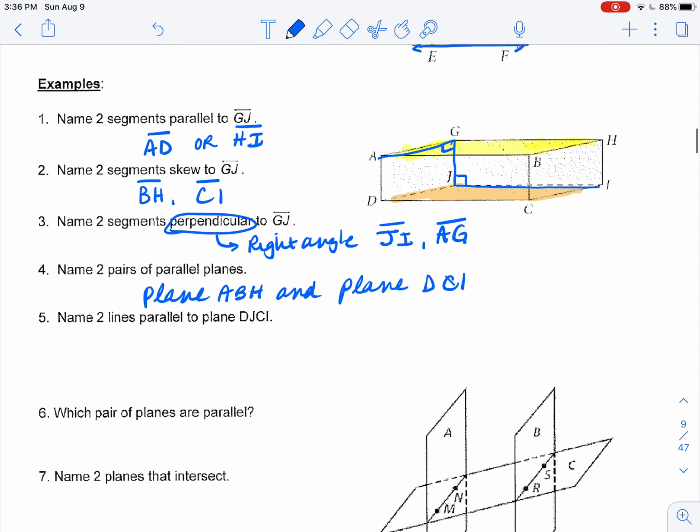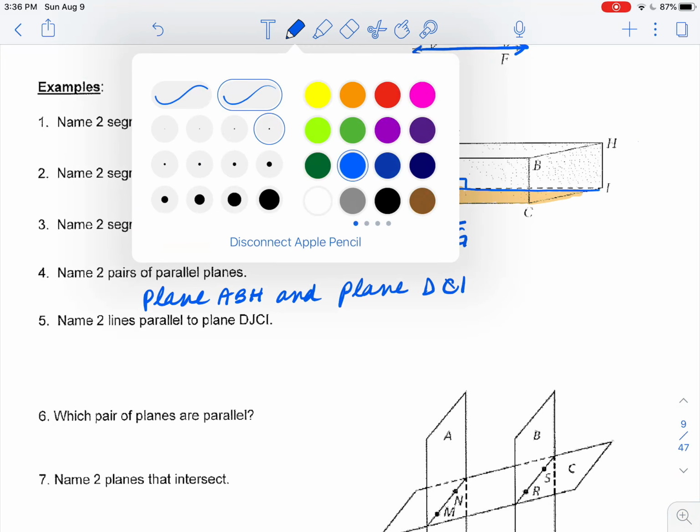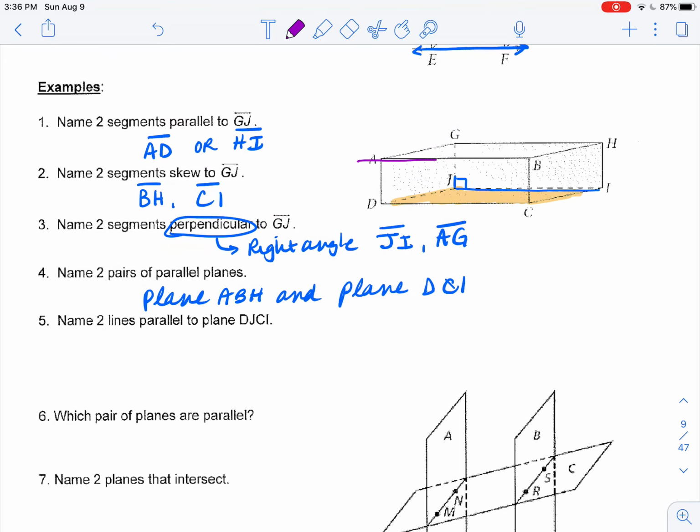Oops. Name two lines parallel to plane DJCI. So DJCI is this plane on the bottom that I've colored in orange, and we want two lines parallel. Well, a line parallel, how about AB and GH?